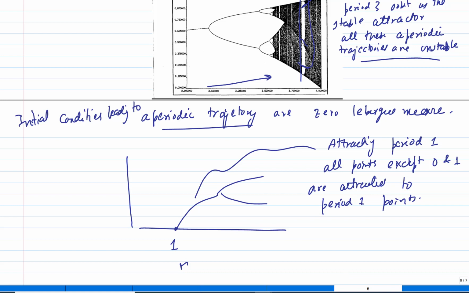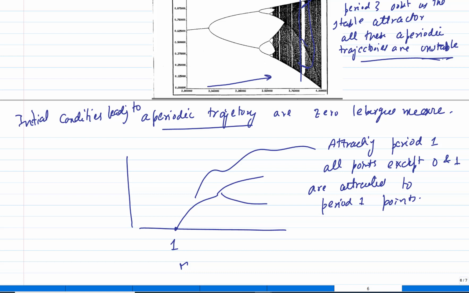We've shown that periodic windows themselves have a lot of rich structure. They might have unstable periodic trajectories, other unstable periodic points, and in general other unstable periodic trajectories based upon the Sarkovsky sequence.